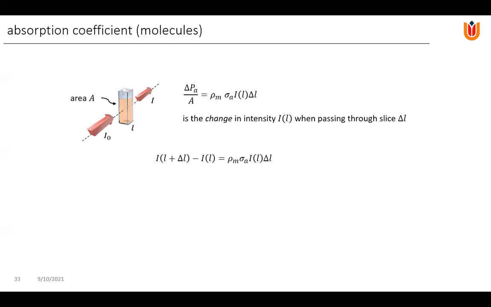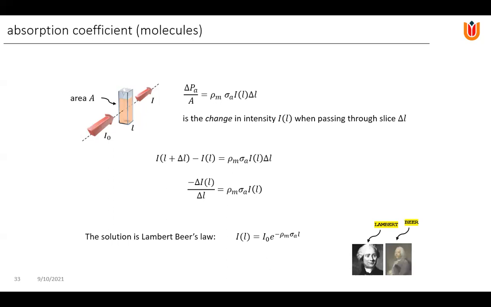So this is all building up to a differential equation, as you can see. So you can write it like this. The rate of change of I with the rate of change of L is given by the expression over there.